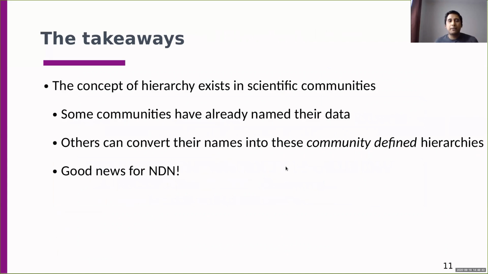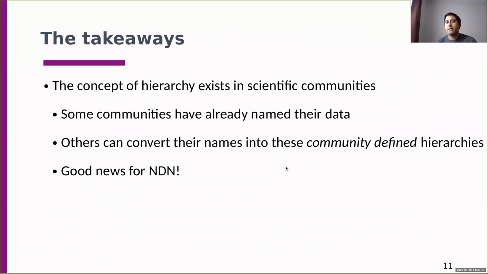So the takeaway from this is that regardless of which scientific communities we are talking about, there's a concept of hierarchy. Some communities have already named their data according to this hierarchy.